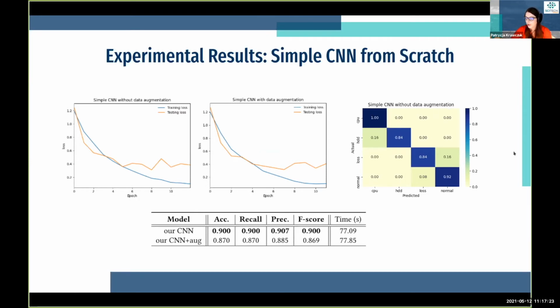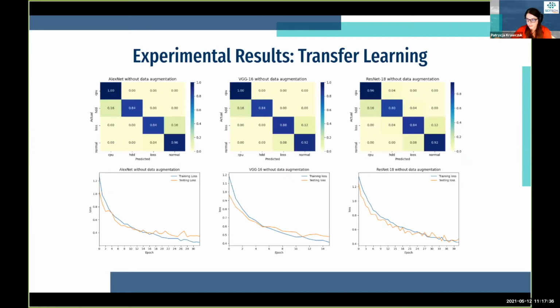And here we have a matrix that shows the accuracy at different anomalies. Then here are results for transfer learning.